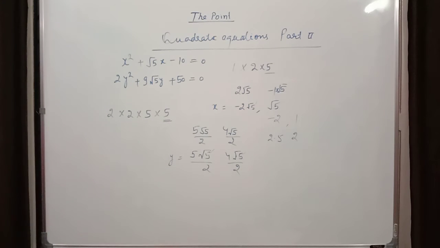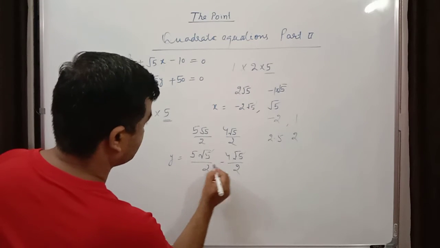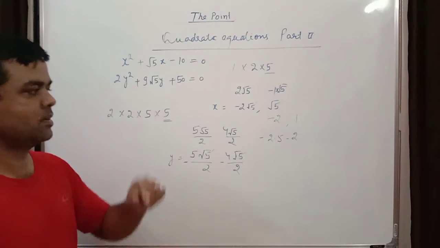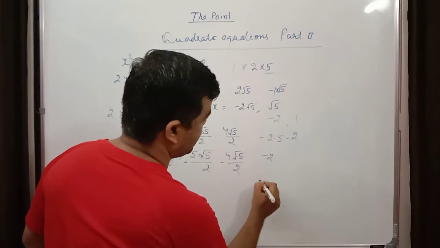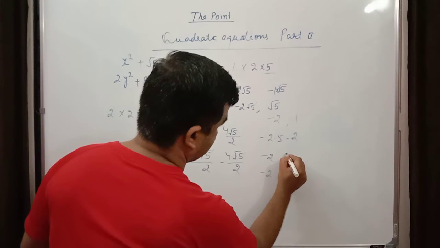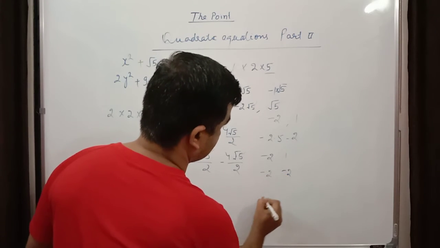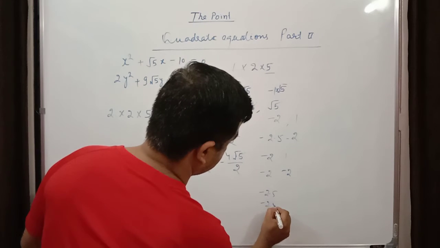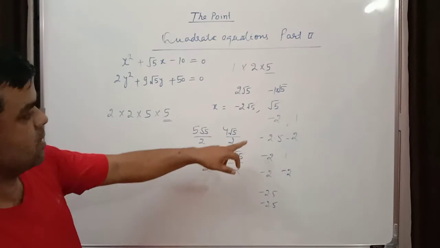Okay. So these roots will be minus. So minus, minus. Now compare. Minus 2 will be compared with minus 2.5, and 1 with minus 2.